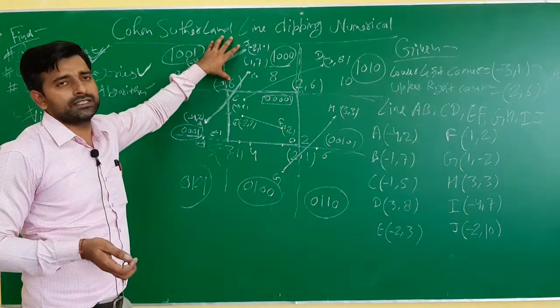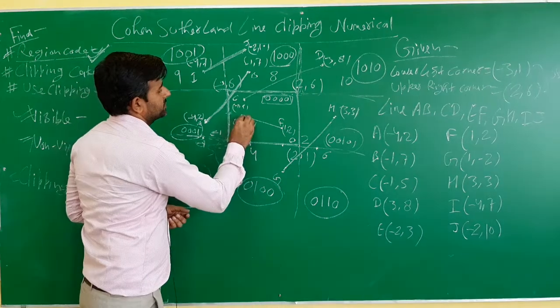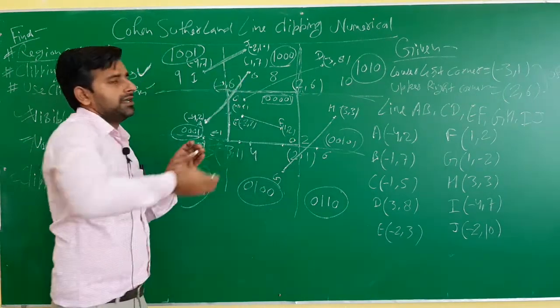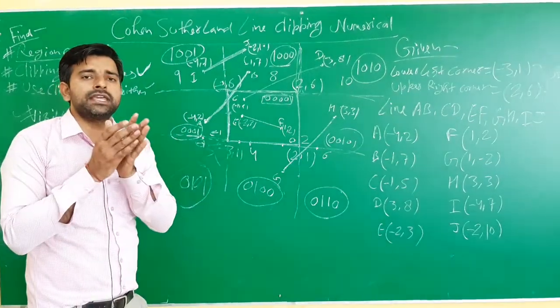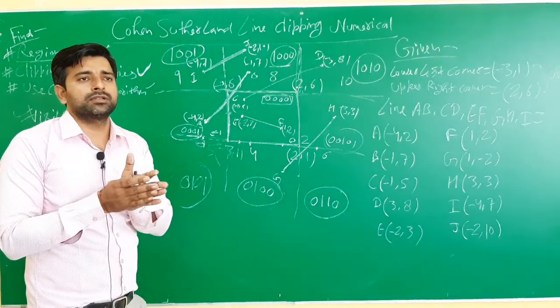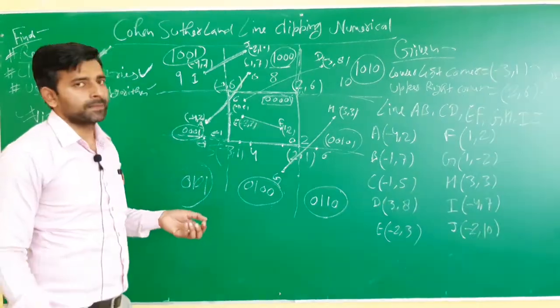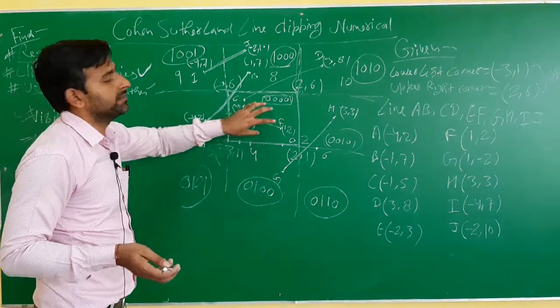This algorithm says that if both the end points of the line have the same region code, and that is 0 0 0 0, then the line will be visible.